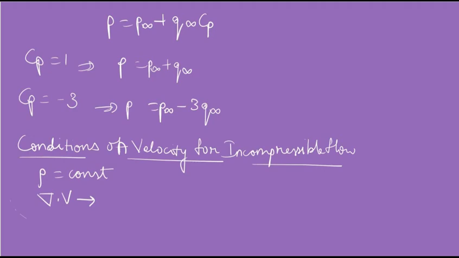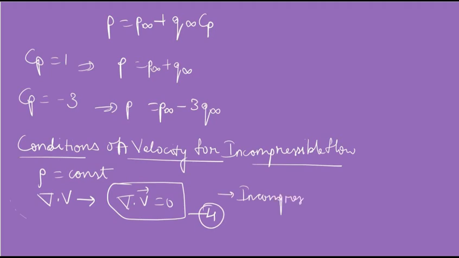So which means for an incompressible flow, can I write this term as 0? Correct? Let us say this is our equation 4. And keep in mind this is for incompressible flow. We came to this conclusion with the help of the definitions.